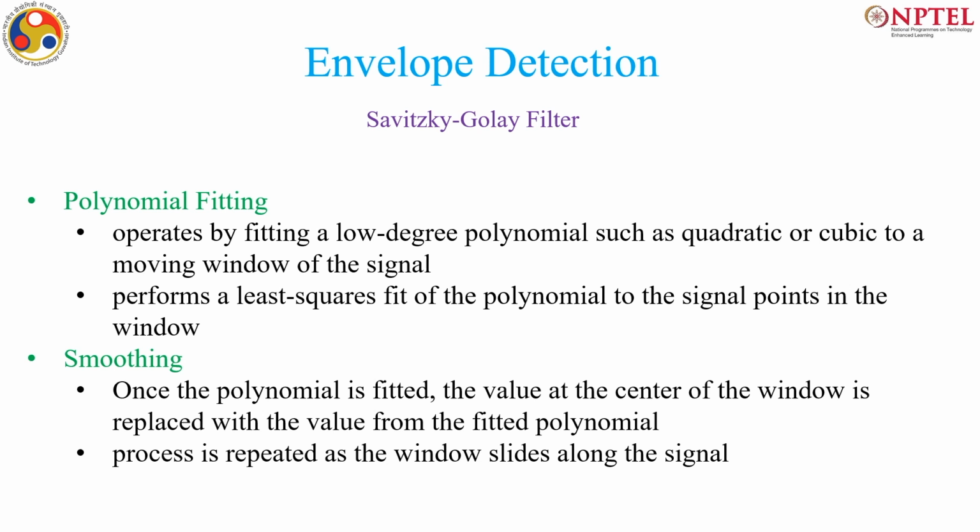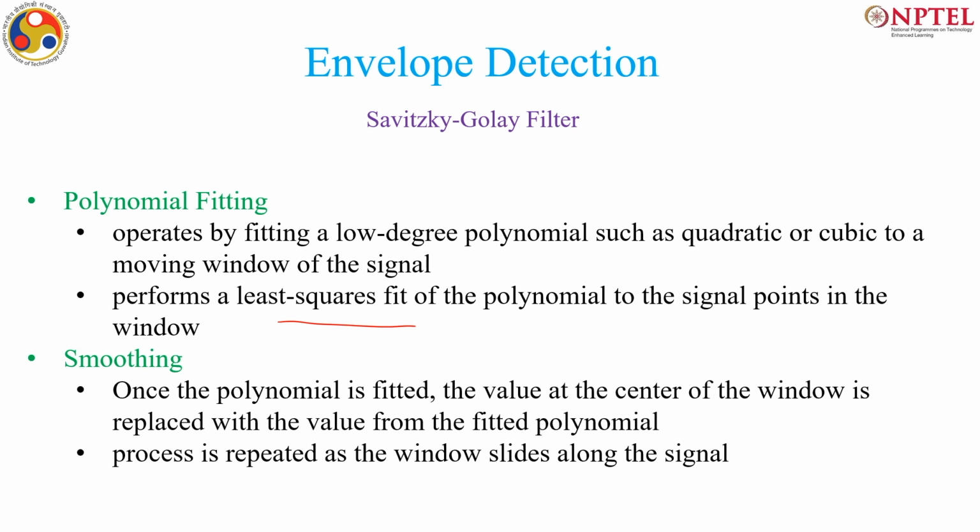In this, what we do is polynomial fitting. We have some data points and a low degree polynomial is fit on the data points, typically of a small window, and the polynomial fit can be a quadratic or a cubic spline, and then a least square fit is made to the polynomial, so that the points in that window will be replaced by the least square fit.